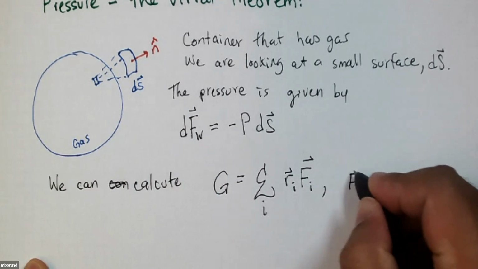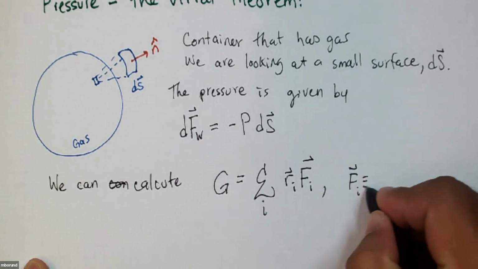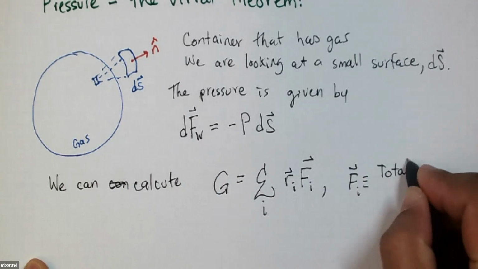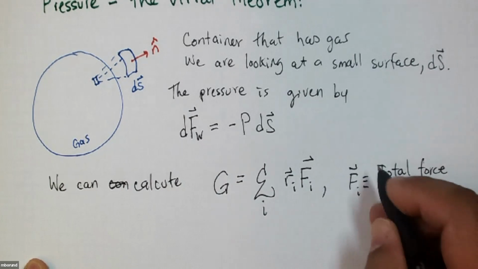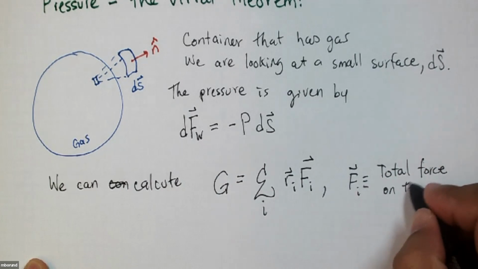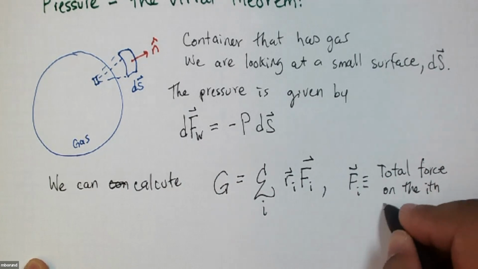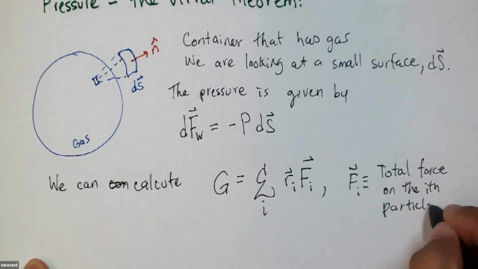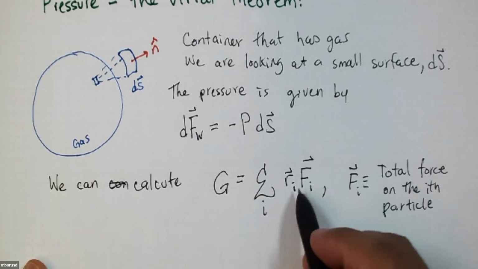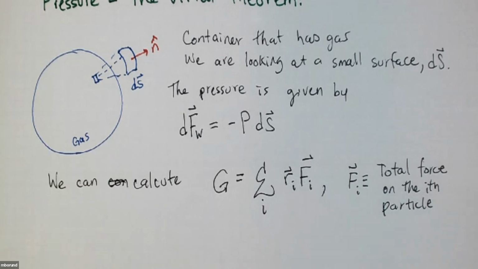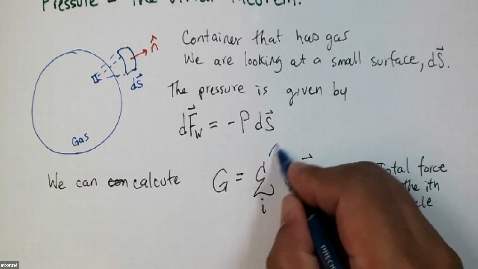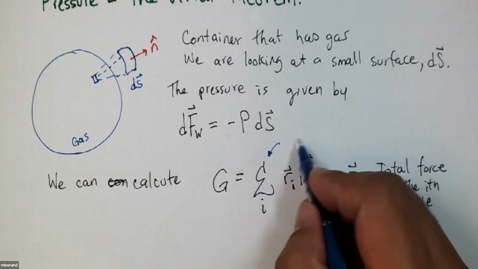In this case, Fi is the total force on the ith particle. Ri is the usual position of the ith particle, and this is a sum over all the particles.